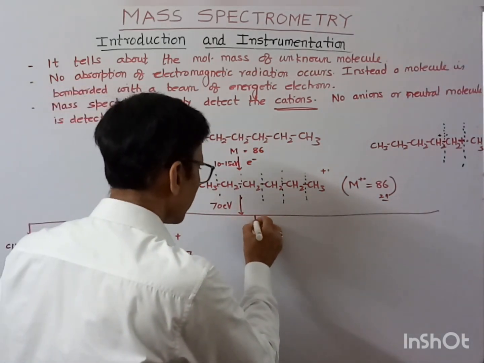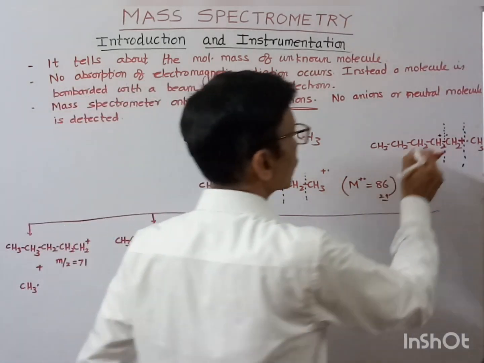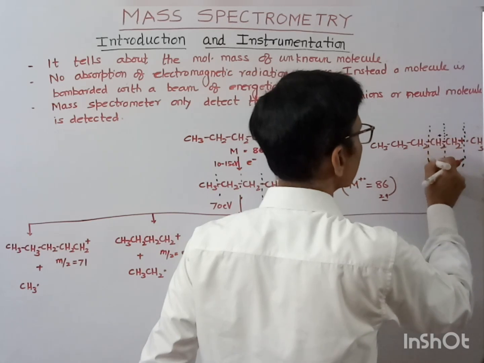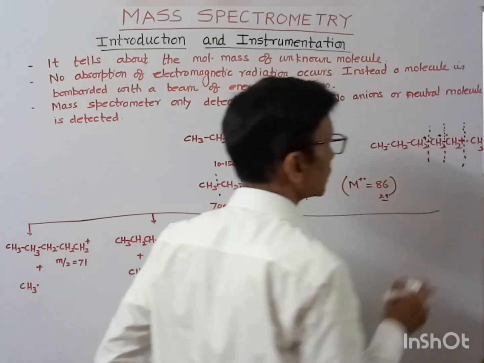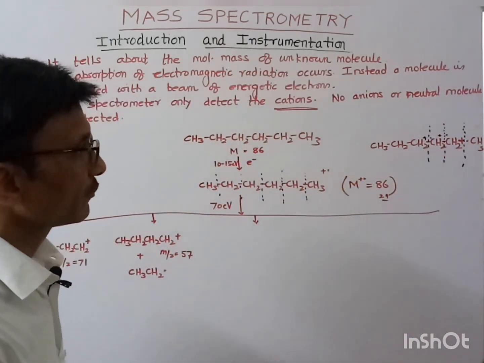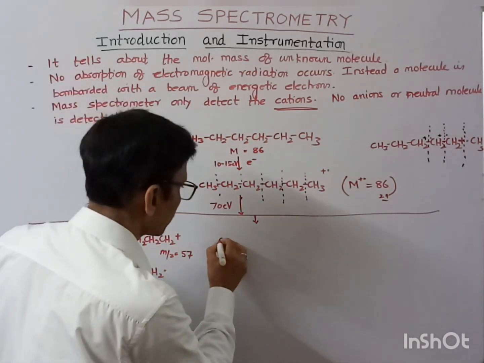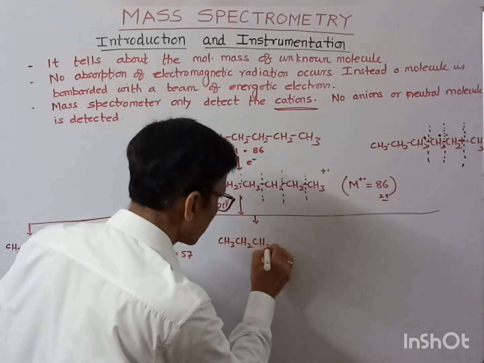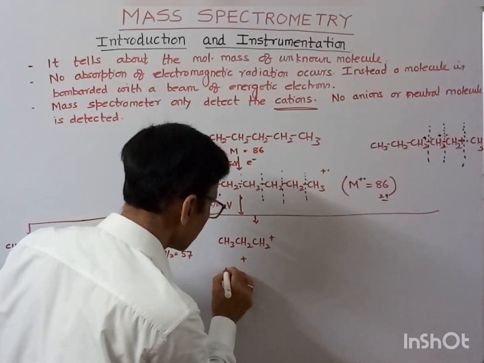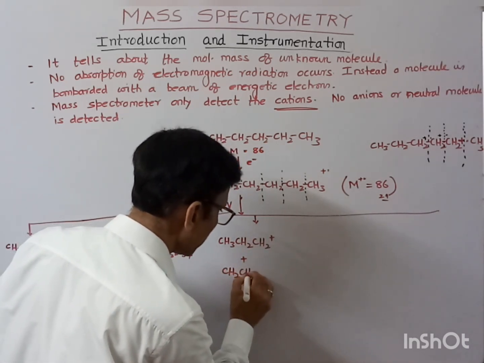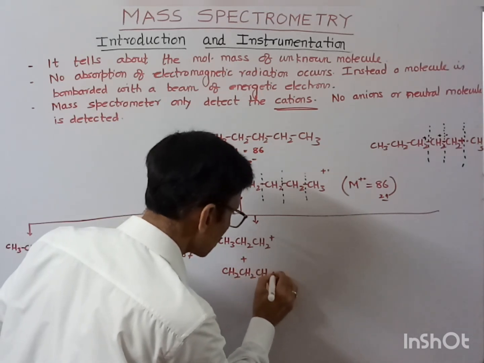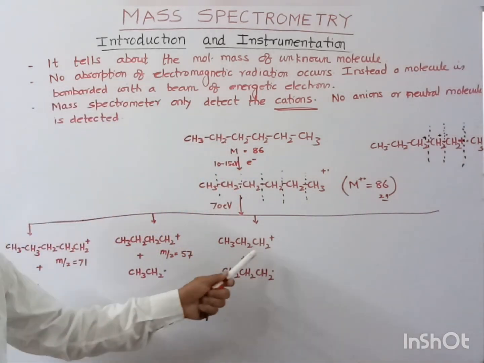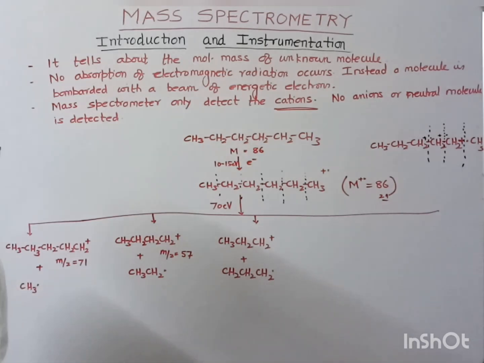The next fragmentation which is possible is here. Suppose this is positive and this is radical. So what we may write? Propyl cation and propyl radical. The mass analyzer will only detect this cation, it will not detect the radical.